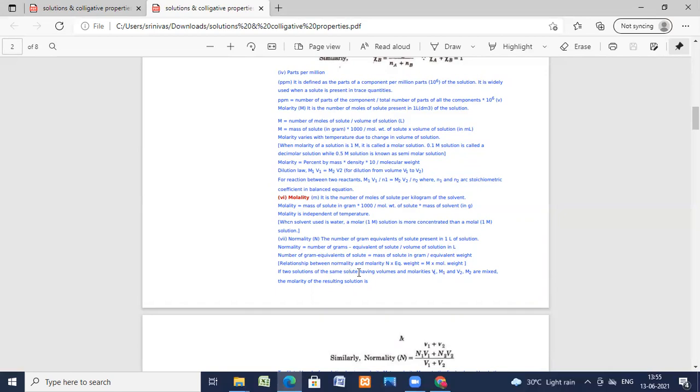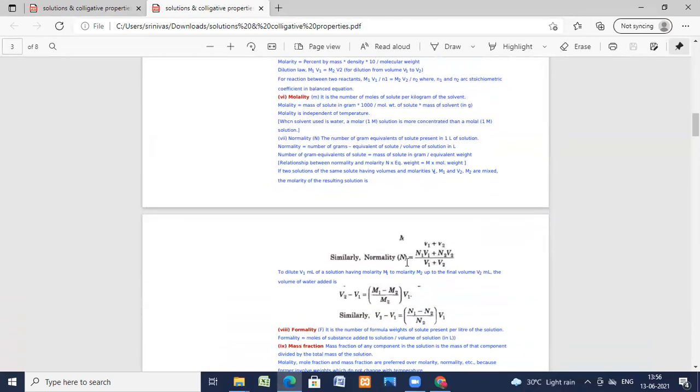If two solutions of the same solute with volumes V1, V2 and molarities M1, M2 are mixed, the molarity of the resulting solution is M equal to M1V1 plus M2V2 by V1 plus V2.